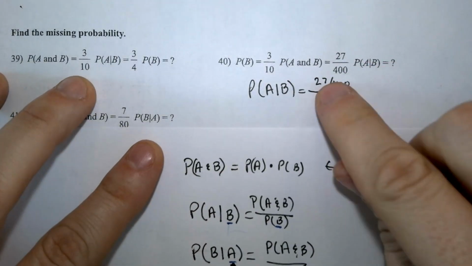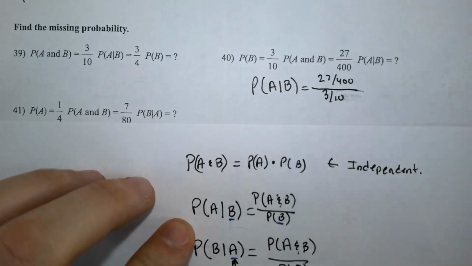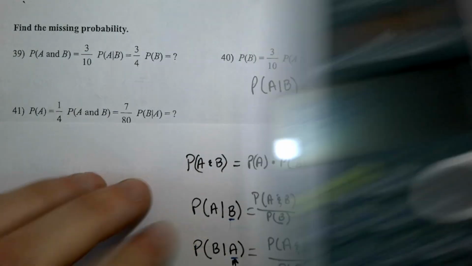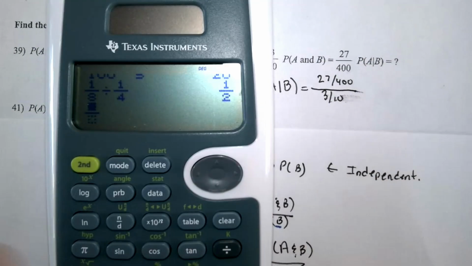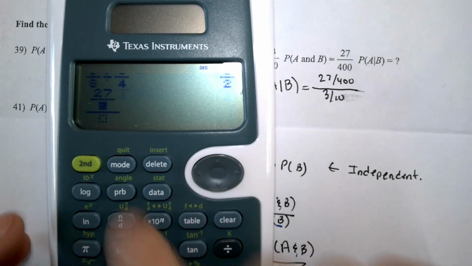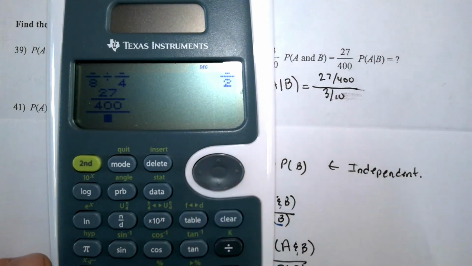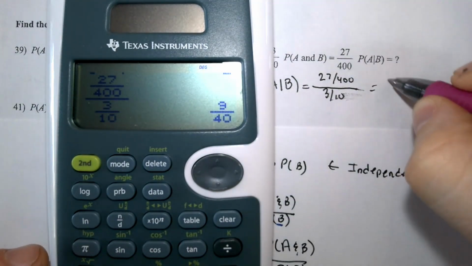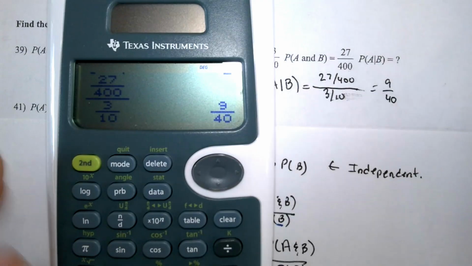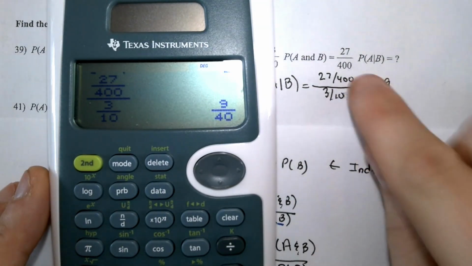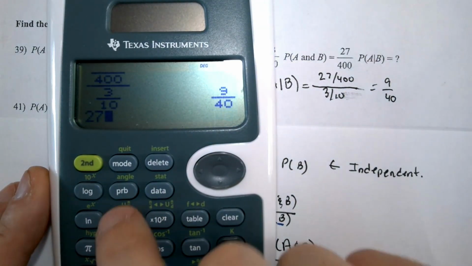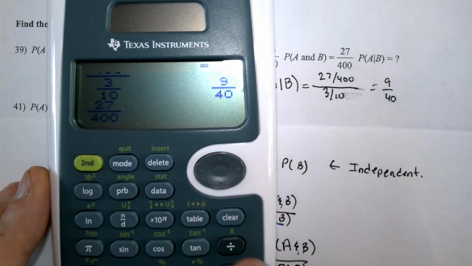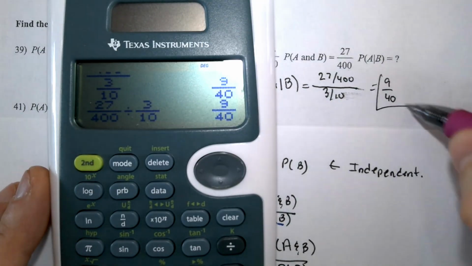You can do a double fraction in your calculator, 27 over 400 over 3 over 10. If you don't like that, the other option is that fractions just mean divide. So you can do 27 over 400 divided by 3 out of 10, and it would do the exact same thing. 9 out of 40.